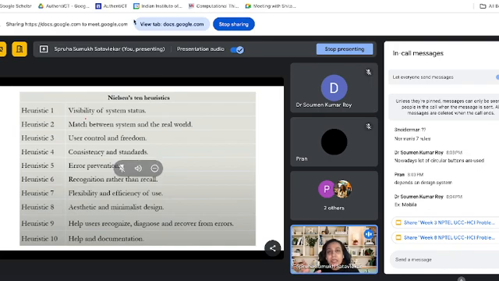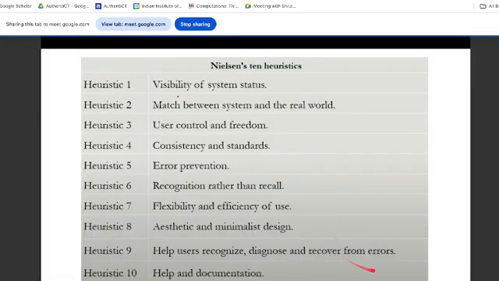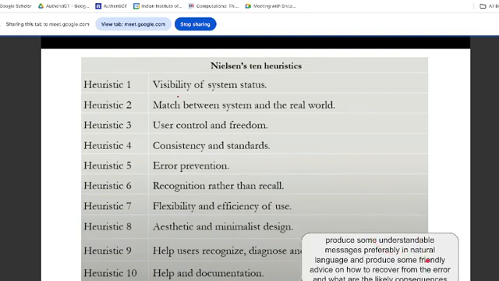Help users recognize, diagnose, and recover from errors. To do that, we have to produce understandable messages, preferably in the user's natural language. Don't keep it like system error 404, so nobody would understand what it did.